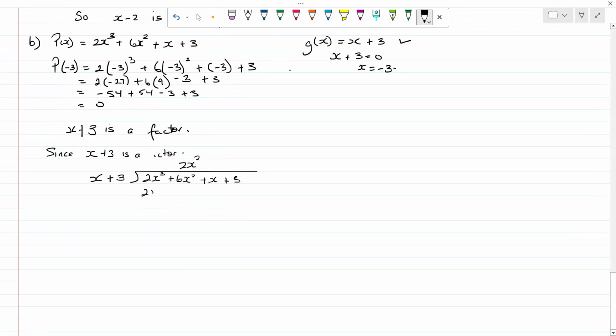I'll get back the 2x cubed here. I'll get the 6x squared here. Right? Subtract, we get 0, 0. I'll bring down this other plus here. X into that will give plus 1. 1 by x will give x. And 1 by 3 will give 3.